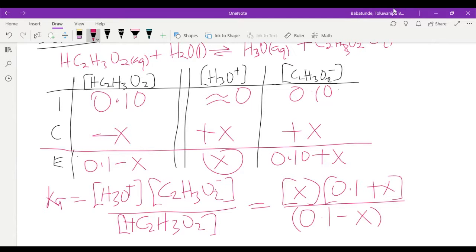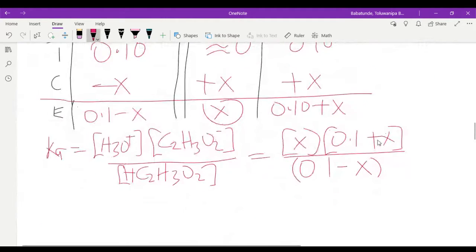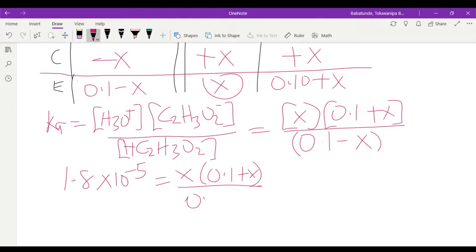And we know our Ka is given as 1.8 times 10 to the power negative 5. So we substitute that in: 1.8 times 10 to the negative 5 equals x times 0.1 plus x over 0.1 minus x.